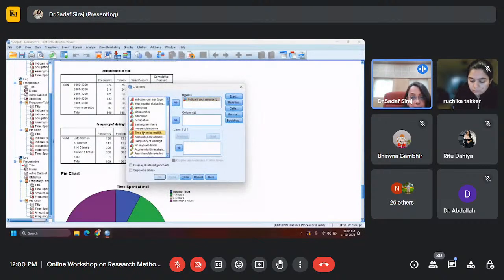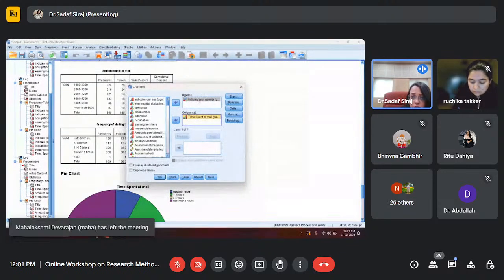You can see, put time spending behavior in columns, right? So what am I trying to do? I'm trying to understand amongst males and females, are both the categories spending the same amount of time in the mall or not, right? So I just click on these two items and I click on OK.